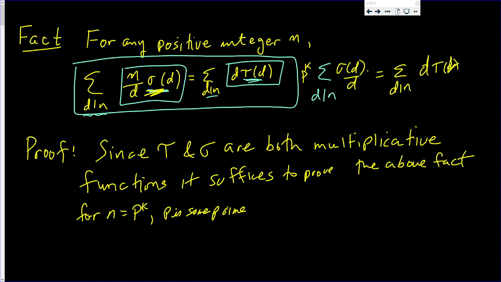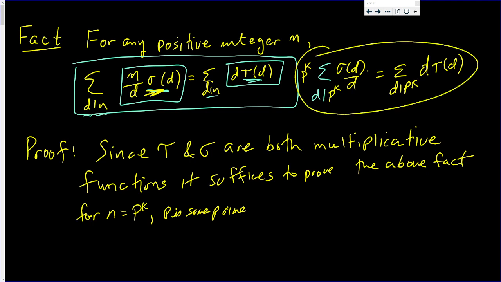I modified it a little bit. Well, actually, I want to make two more modifications. I mentioned it, I just didn't do it. n is now p to the k. So this is what I want to show.